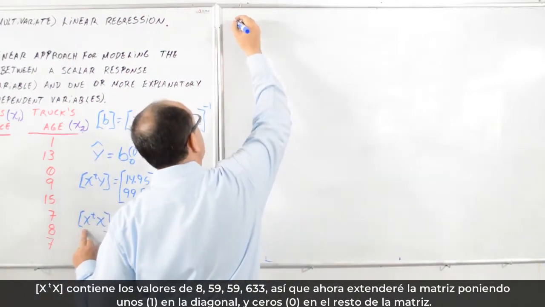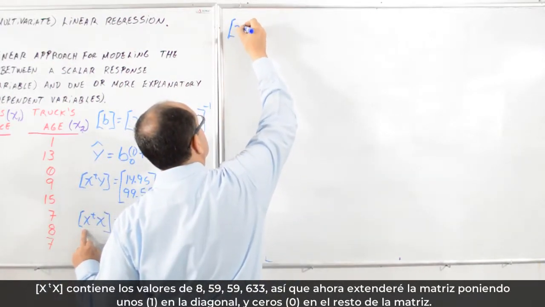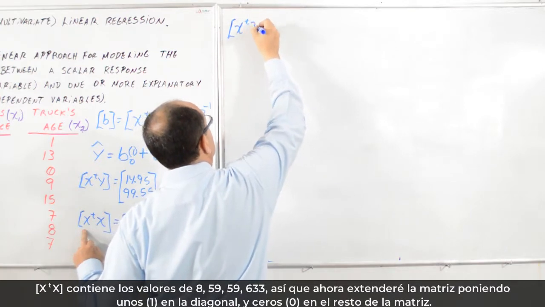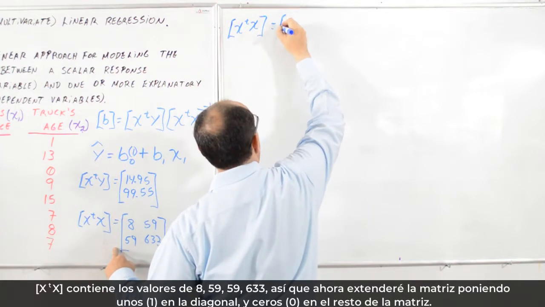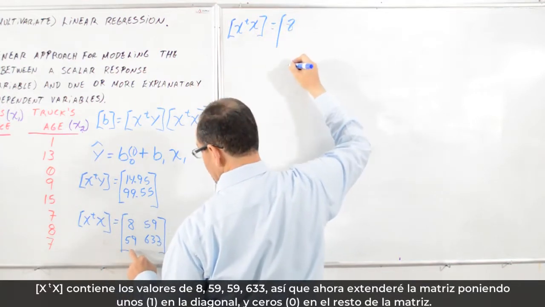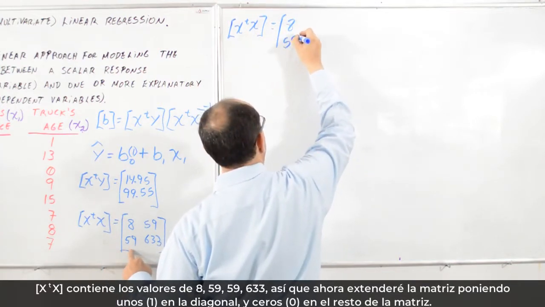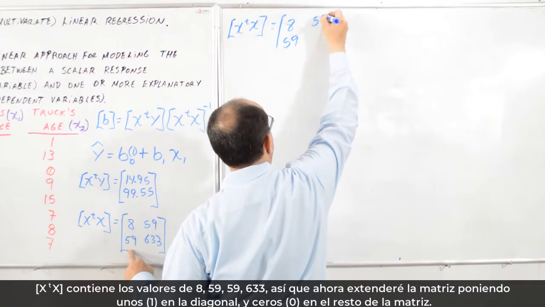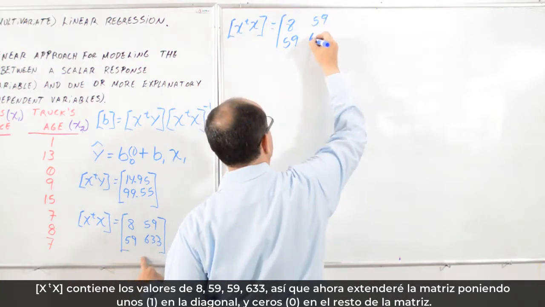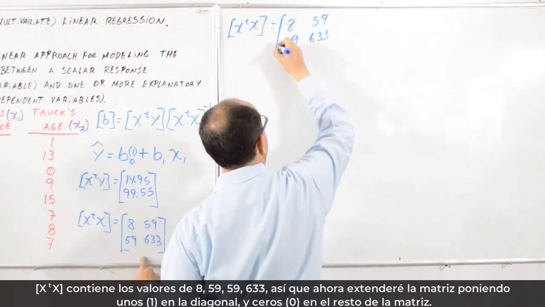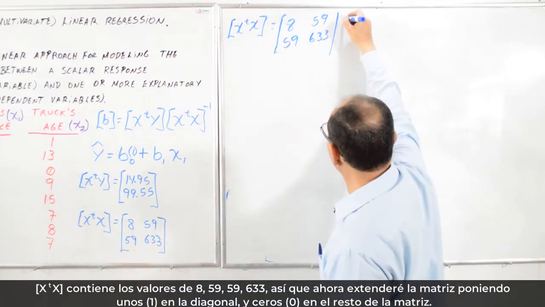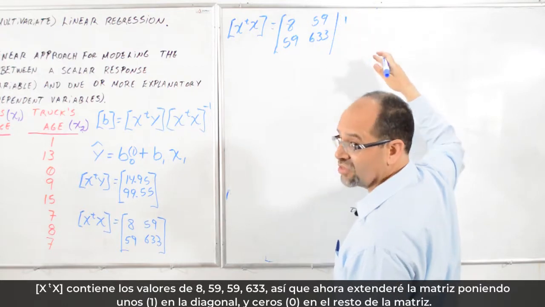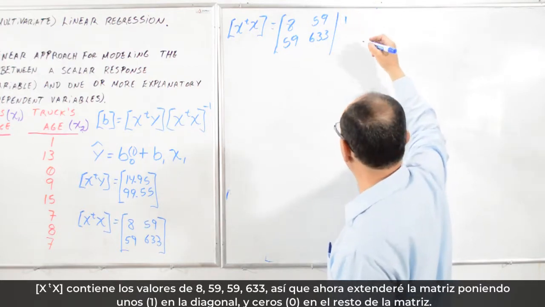X transpose X is equal to 8, 59, 59, 633. But now I will have 1s on the diagonals and 0 for the rest.